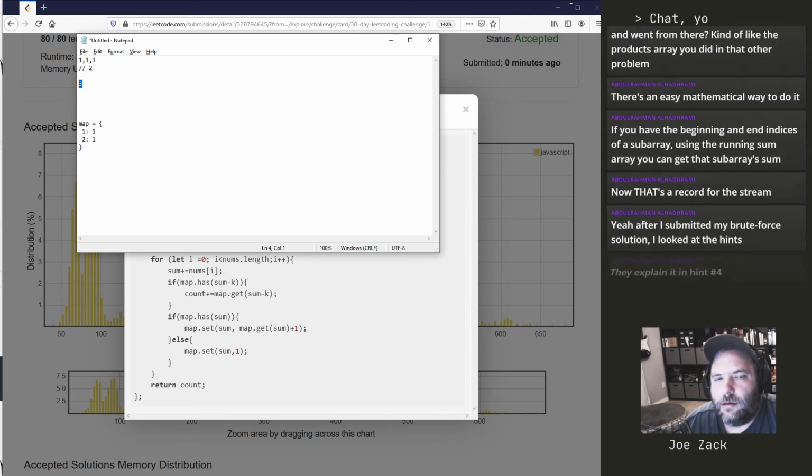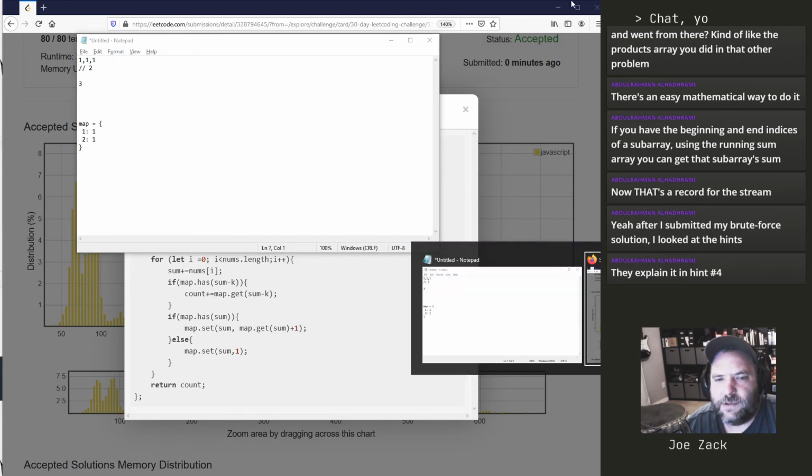Oh, hint 4, okay. 3 minus 2 becomes 1. Okay. So we return map at 1 plus whatever our current count is, which was 0. So I must have goofed something up.